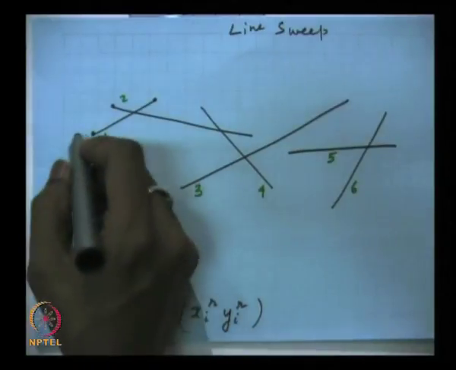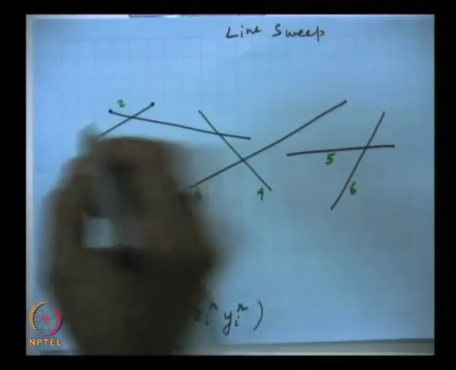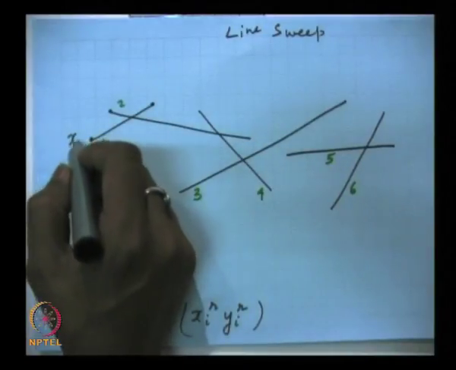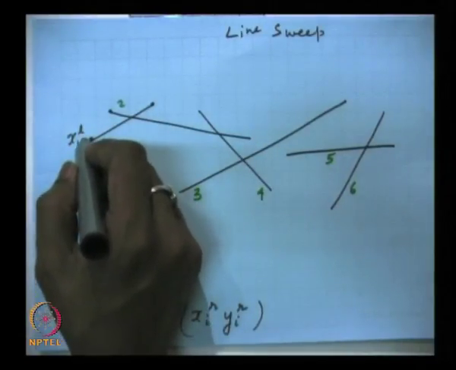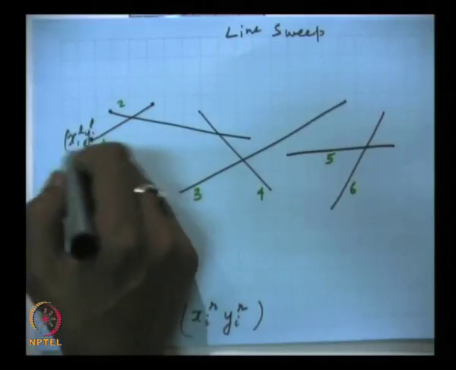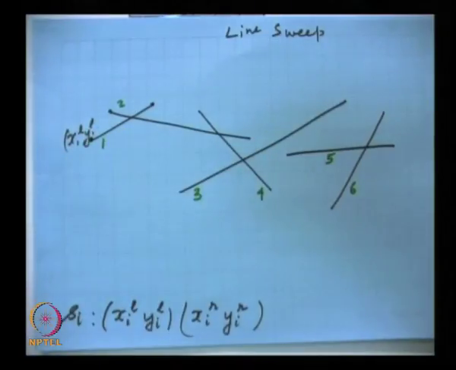So, this is actually x 1 L and y 1 L. This is the endpoint, and this is, let us say, the smallest x coordinate.